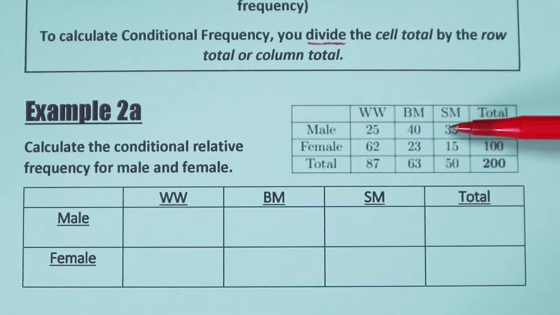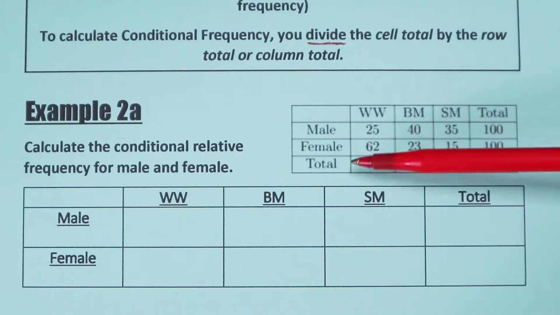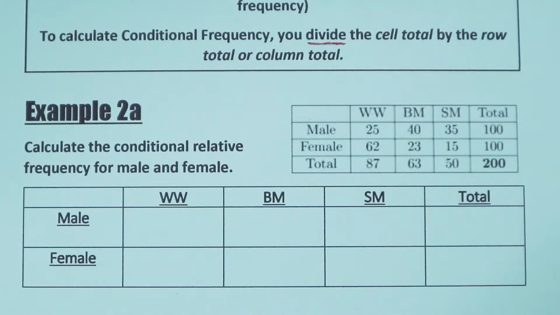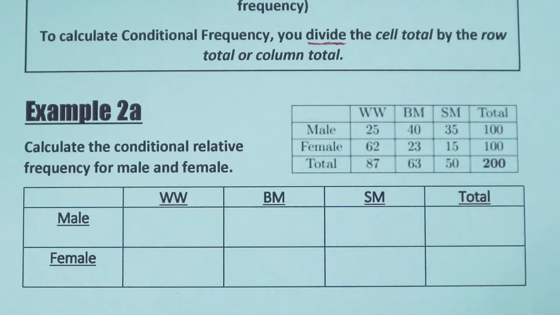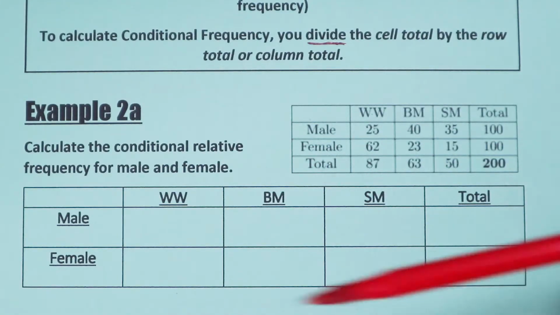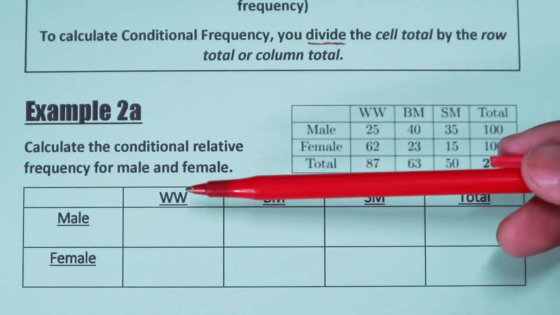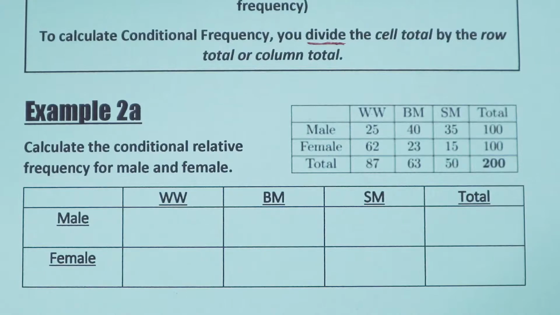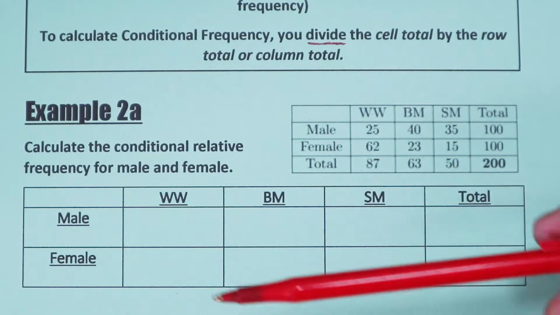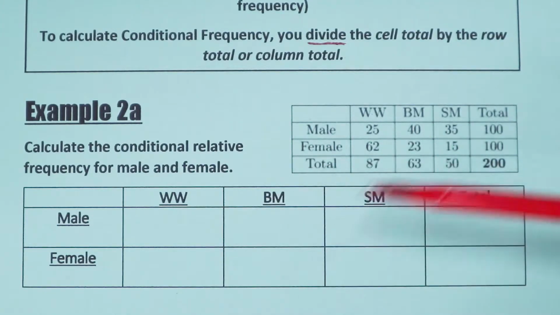We have the same exact data about males and females who like different superheroes. In example 2a, it says calculate the conditional relative frequencies for male and female. We want to find out what percent of males like Wonder Woman, Batman, and Superman, and also what percent of females like Wonder Woman, Batman, and Superman.